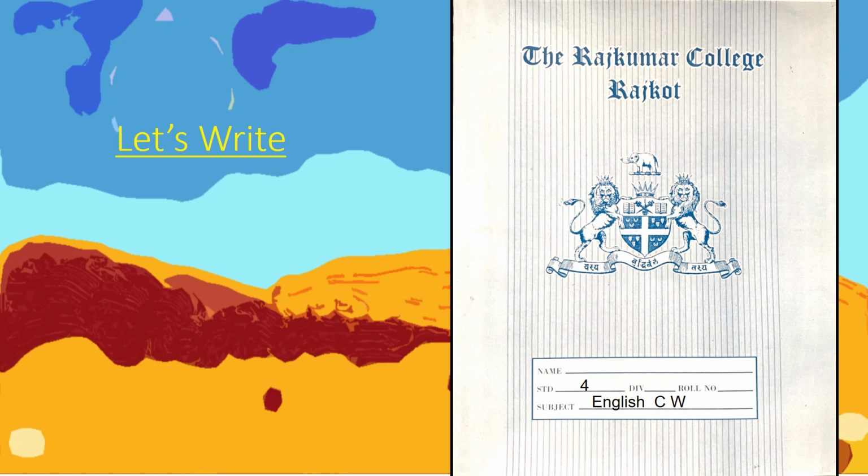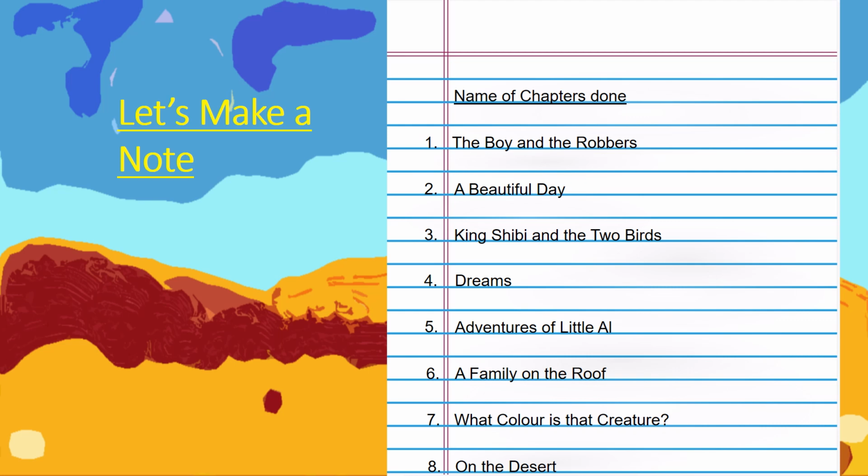So now let's learn and comprehend. Now that you have marked the new words, we need to write the new words in our classwork book. So along with your English course book, you need to take your English classwork book. In this book, we first make a note of the chapter that we are going to do.